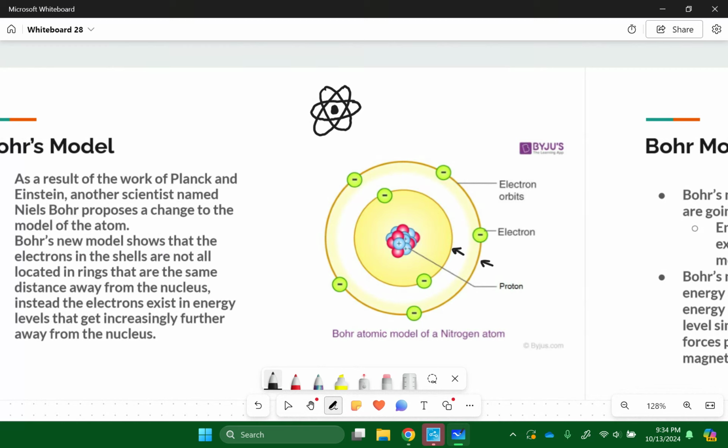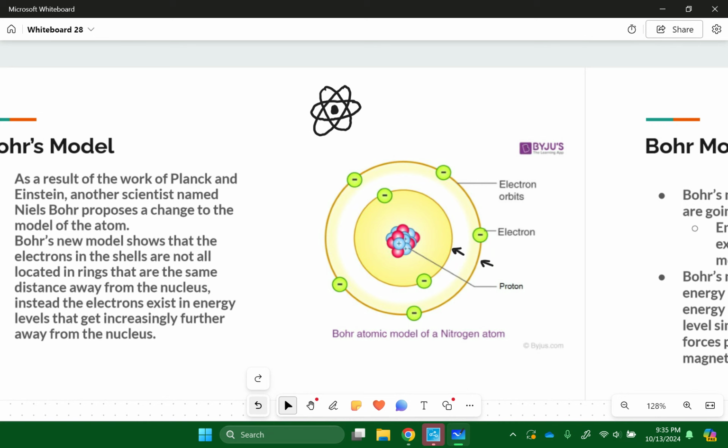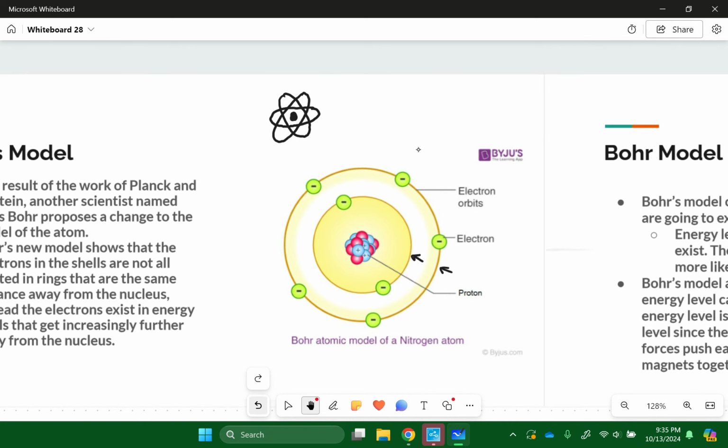And the most stable places are whatever energy levels are closest to the nucleus. These rings, these energy levels, exist increasingly further and further away from the nucleus. There's another ring out here, and another ring out here, just like the planets. Just like the planets have orbits that get further and further from the sun, there are energy levels that are further and further from the nucleus.